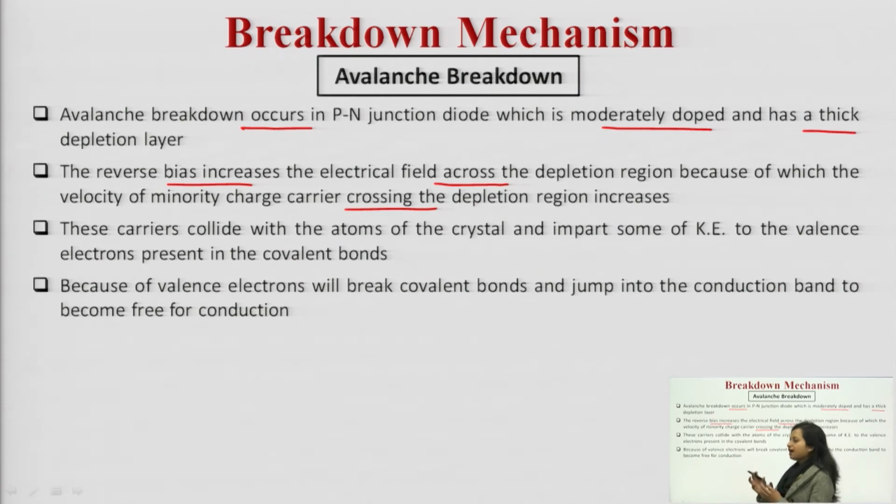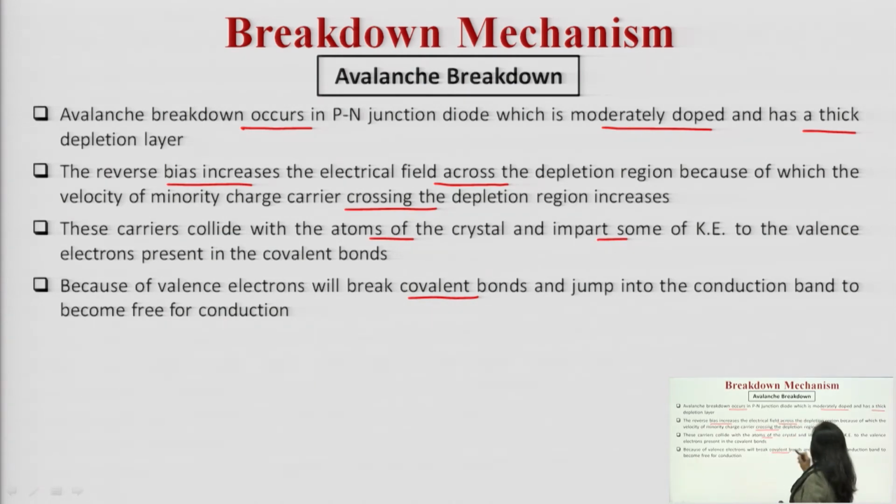So, here what is happening? These charge carriers are going to collide with the atoms of the crystal and impart some of their kinetic energy to the valence electrons, and now these valence electrons will break covalent bonds, and when more and more free electrons become available, this is a kind of multiplication process.